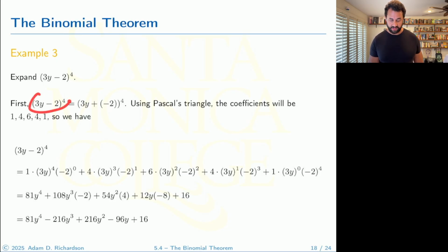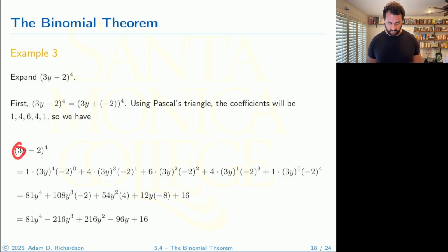So we can rewrite 3y minus 2 to the fourth as 3y plus negative 2 to the fourth. And then we can use Pascal's triangle and we'll get the coefficients and then we just got to go through the rest of the calculations. So here we go. Pascal's triangle gives us the coefficients 1, 4, 6, 4, 1.